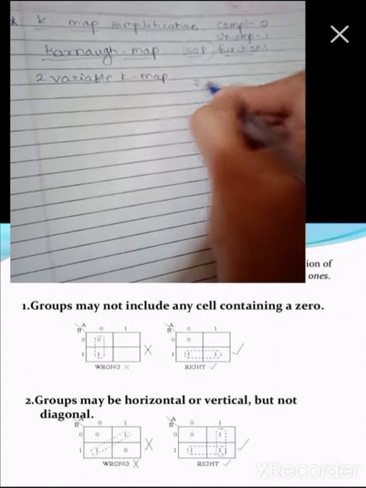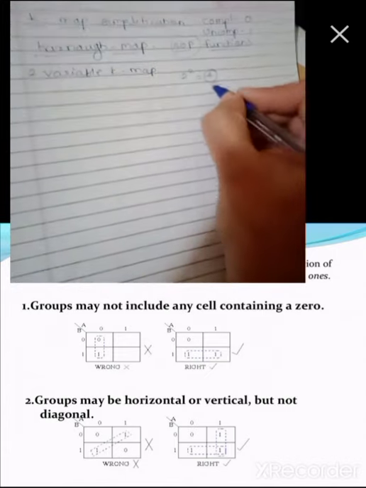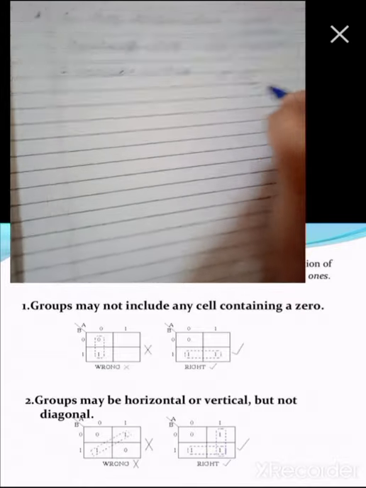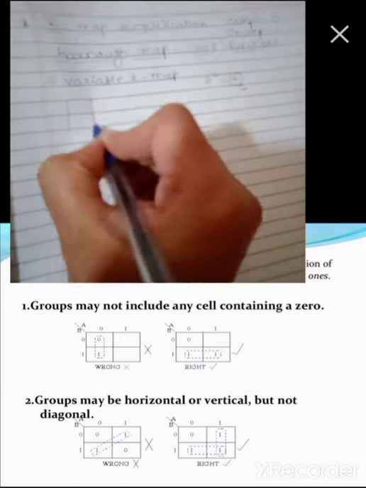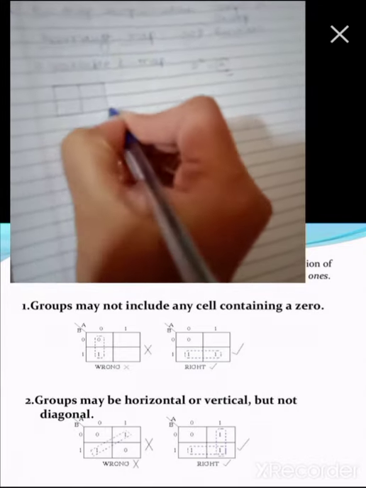Now how to plot a 2 variable K-map? 2 raised to 2 means 4. So 2 variable K-map contains 4 houses, or you can say 4 blocks. So these blocks are like this. It is having 2 rows, 2 columns.